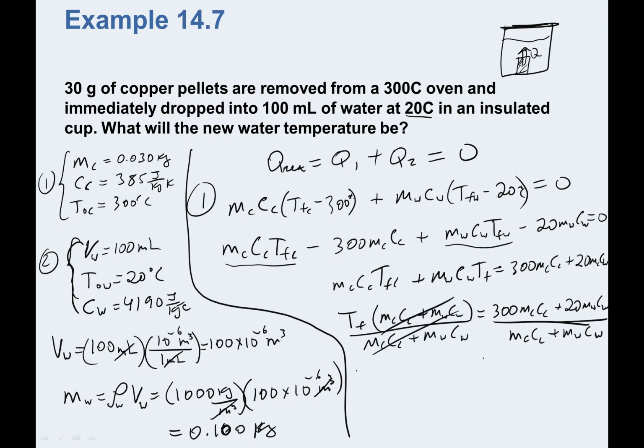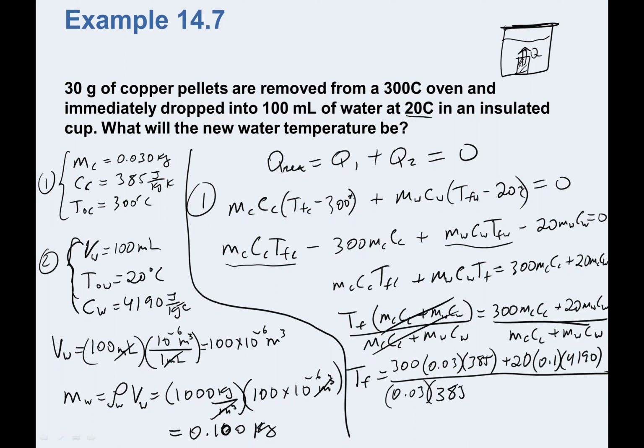If I divide by that, those cancel out, and I have just a final temperature equation, which is going to be 300 times mass of the copper, which is 0.03, times specific heat of copper, 385, plus 20 times mass of the water, which ended up 0.1, times specific heat of water, 4190, and that quantity divided by mass of the copper, 0.03, times specific heat, 385, plus mass of the water, 0.1, times specific heat of water, 4190.